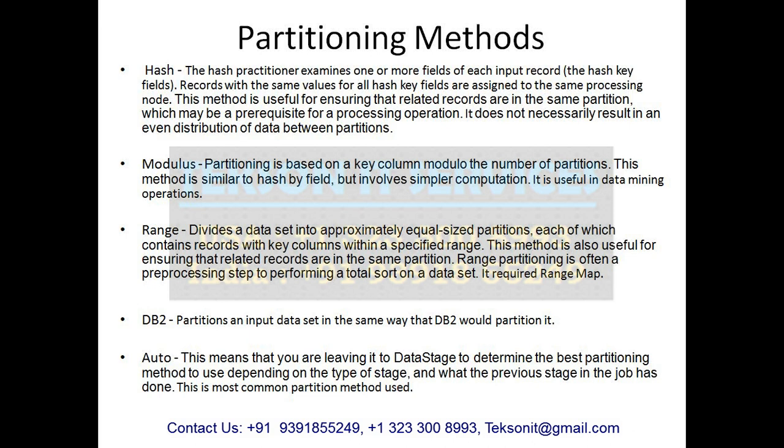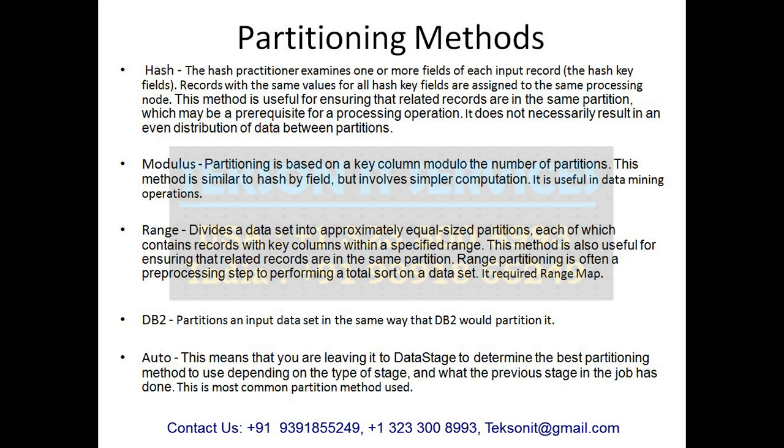And the most important partitioning is auto partitioning. In this partitioning, you do not have to do anything. You just select auto partitioning, and it will automatically partition the data based on your requirement. It chooses the best partitioning method depending on the stage.